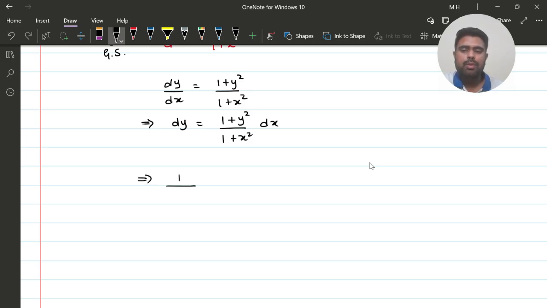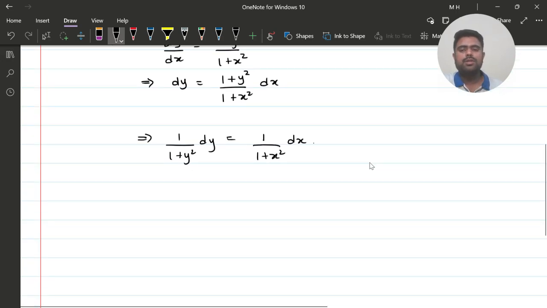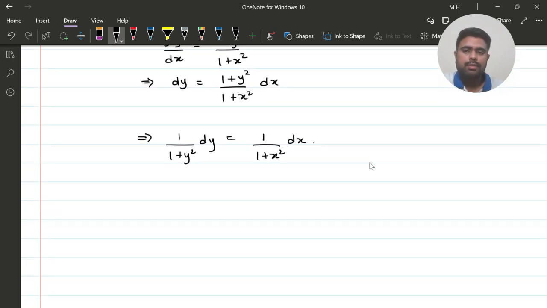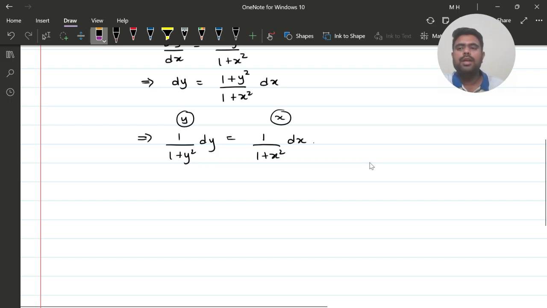What will I get? I'll get 1 by 1 plus y square into dy equal to 1 by 1 plus x square into dx. So you can see on the LHS we have only y terms and on the RHS we have only x terms. So this is the variable separated differential equation.